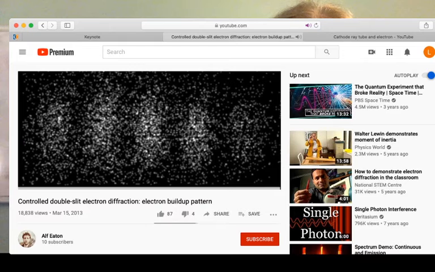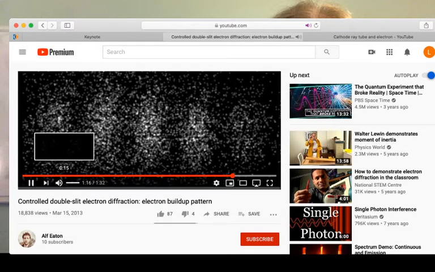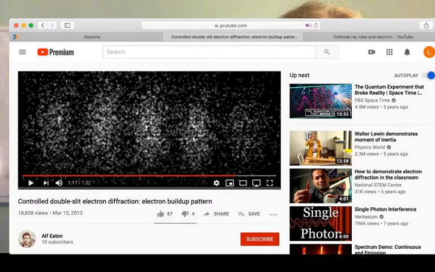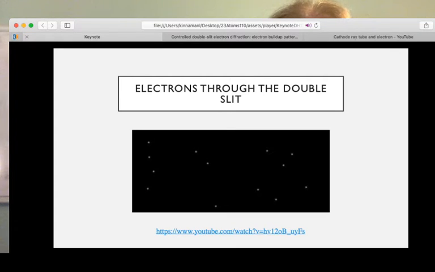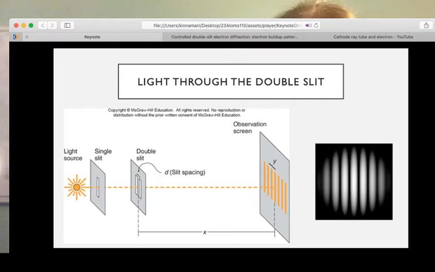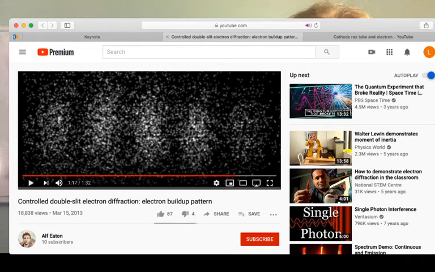But as it accumulates, you can see the pattern that is created, right? We've got light, dark, light, dark, light, dark. And that looks just like this picture of what the light looks like. It's exactly what's happening with the electrons.